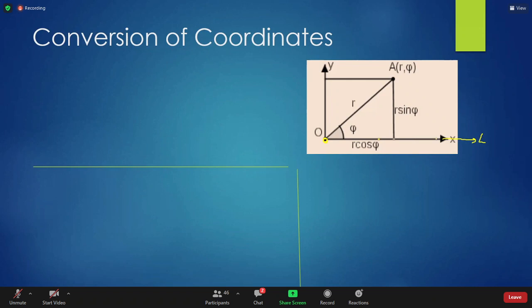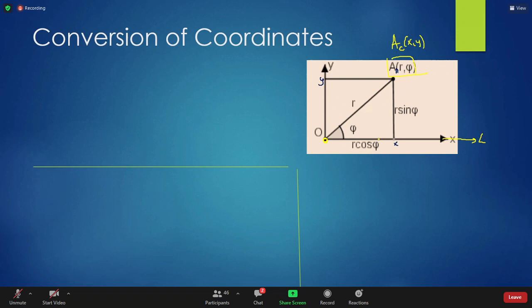So I could say A Cartesian or A polar, and I would need a darker pen. In polar coordinates, I would describe this point as at distance r and angle phi from the pole, from the origin. And in Cartesian coordinates, I would say the coordinates are x and y, rectangular coordinates. So they are completely different things.